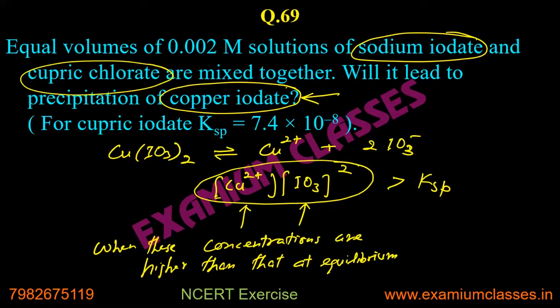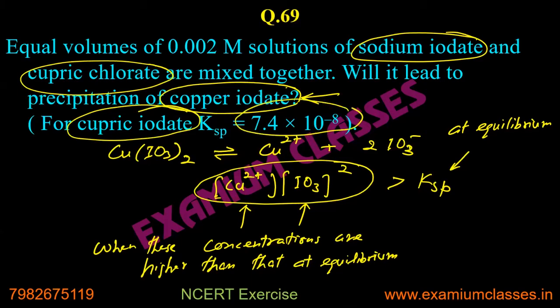This is at equilibrium. That's why it is equilibrium constant. It is given for copper iodate, cupric iodate. This value is given 7.4 into 10 to the power minus 8.